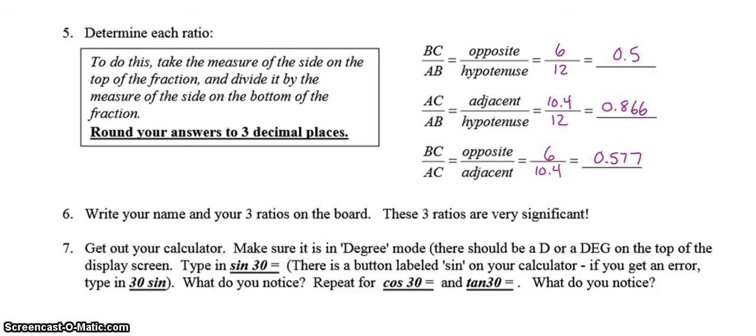So take out your calculator and make sure it's in degree mode. At the top of the screen there should be a D or a DEG. If there's an R or a G instead, then you have to change the mode of your calculator to degrees. If you're not sure how to do that, look for the button on your calculator that says DRG.